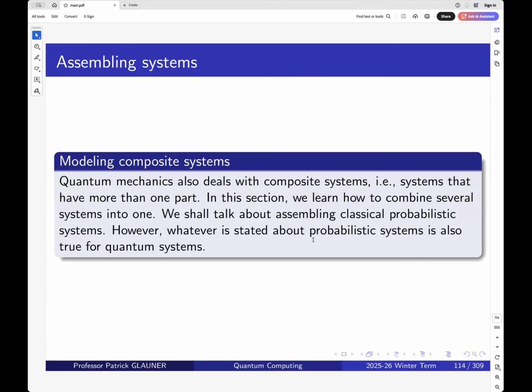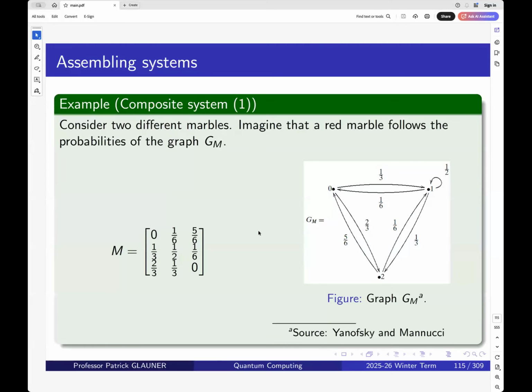But in the first attempt, I want to keep this simple and rather use traditional probabilities, and you could just imagine if these were complex numbers, it would work exactly the same way. And in the coming weeks, we will need this anyway when we build our quantum gates in 2 weeks and stuff like this. But we start with, again, probabilistic systems now when we build composite systems.